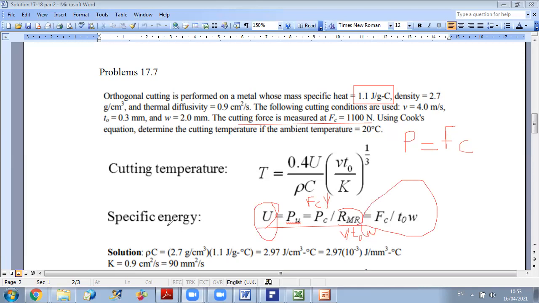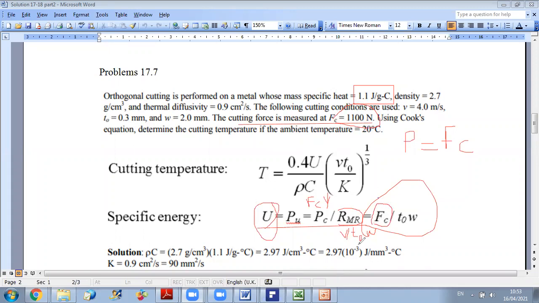So the specific energy can be found by calculation or can be found from the table. But since here the type of material is not provided, then I should go to the formulas.